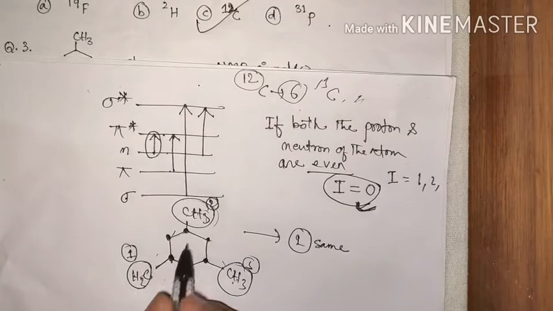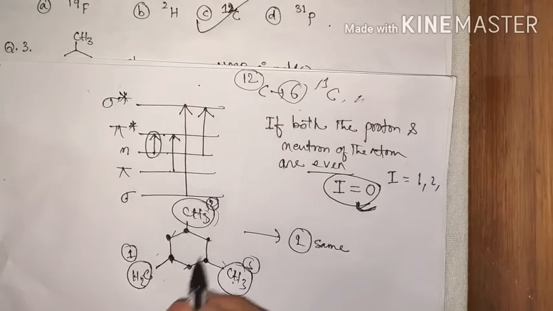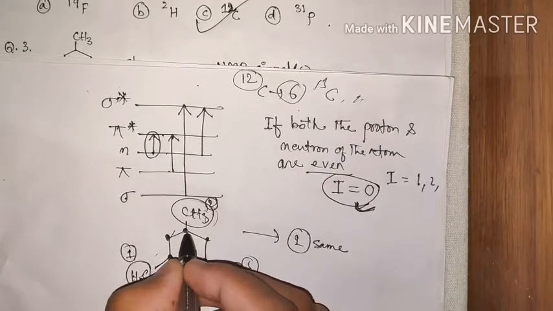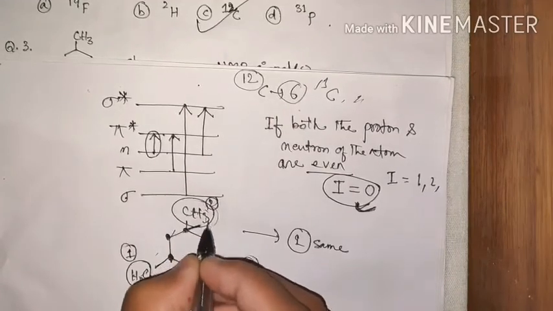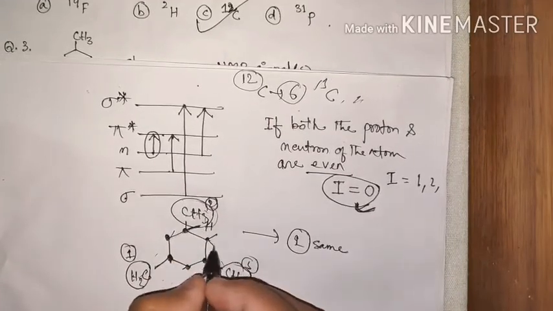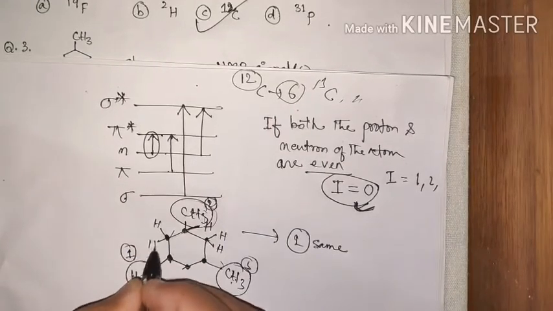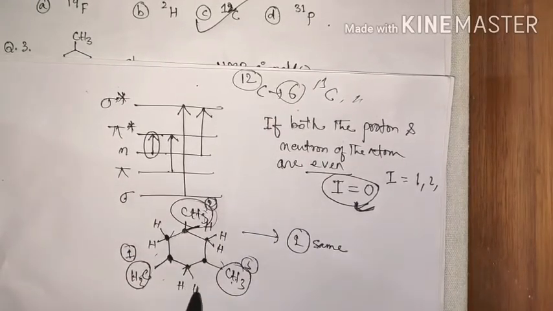Again, we can see this compound is not an aromatic compound. This is a cyclohexane. Then here there is hydrogen, and this carbon also has hydrogen.